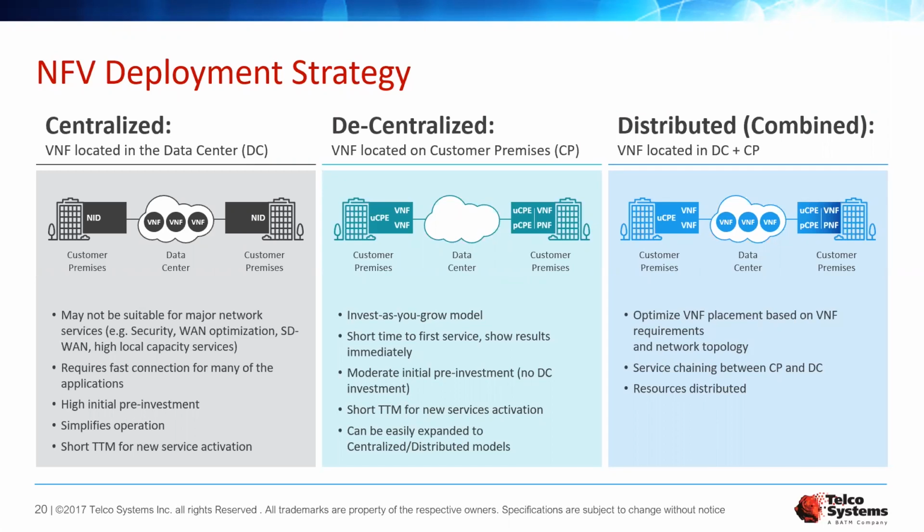That's the other side, going back to the pendulum. But there is a mix of both models, which is a distributed model in which a lot of the VNFs are in the customer premise in a Universal CPE, but you're going to chain them to some other VNFs which are in the data center.